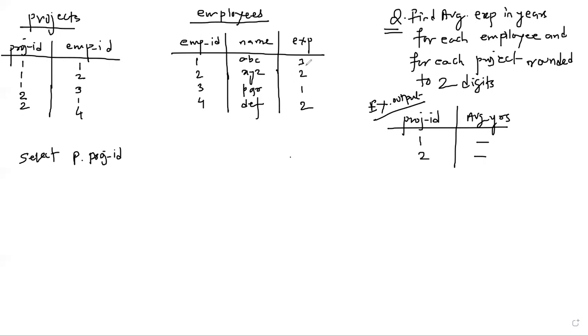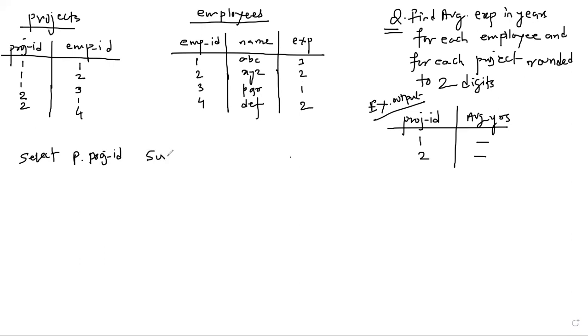First we have to sum this, divided by the count of the employees, right? That is how we'll find the average, because we require the sum as well as the count.